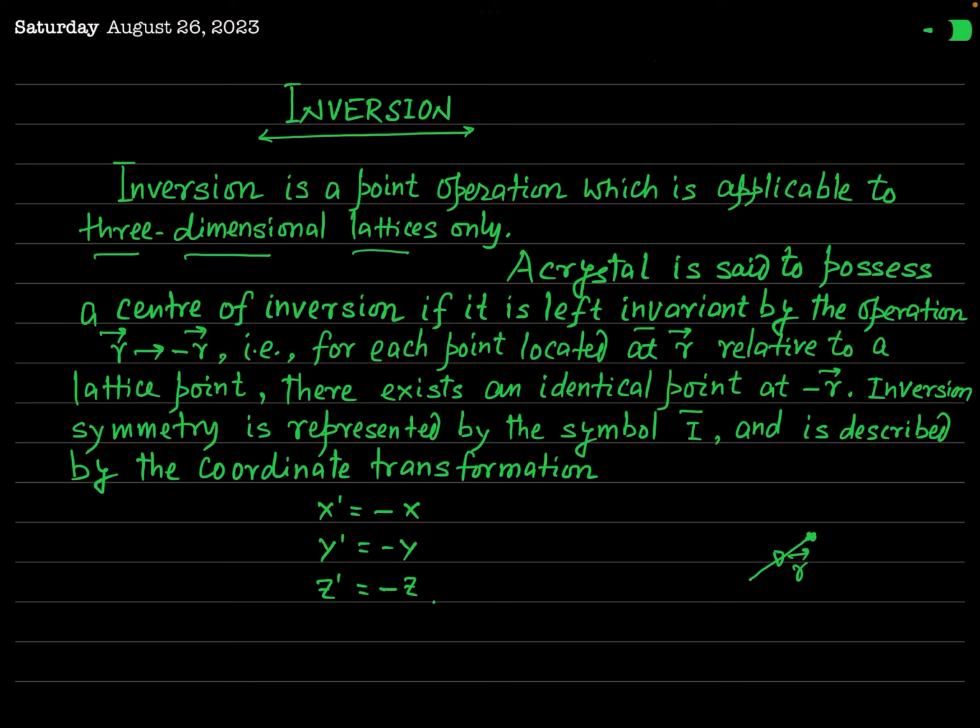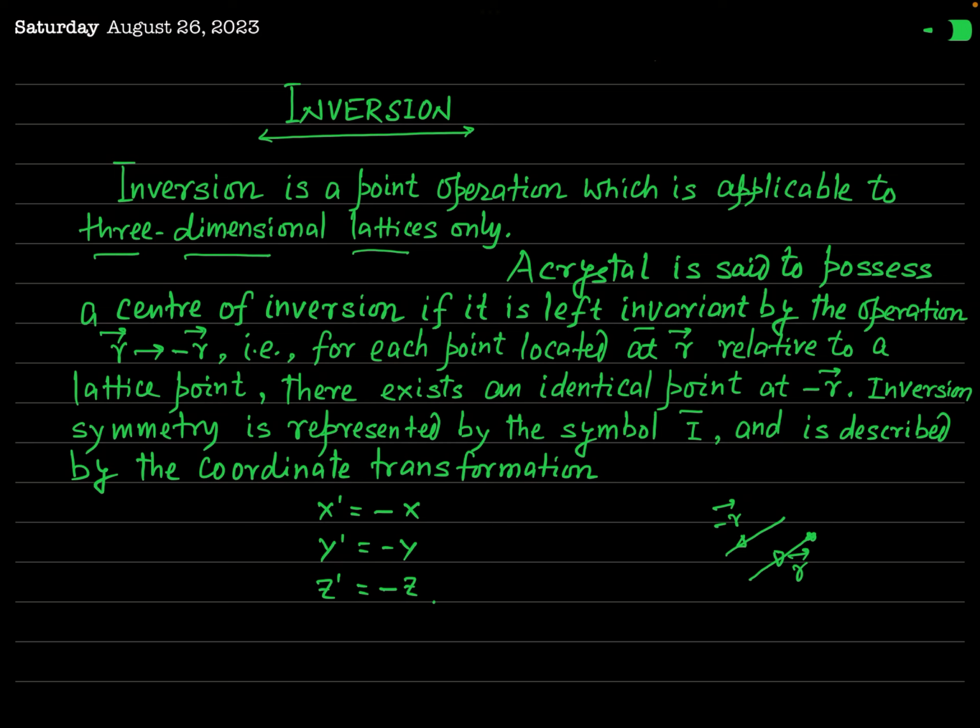Now, if the position vector r is changed to minus r, that is r becomes minus r, and after becoming r to minus r, the crystal remains invariant or the environment of the crystal remains invariant, then we say that the crystal has inversion symmetry.